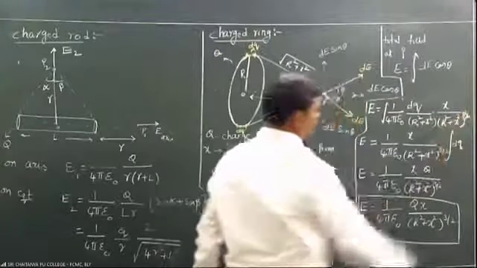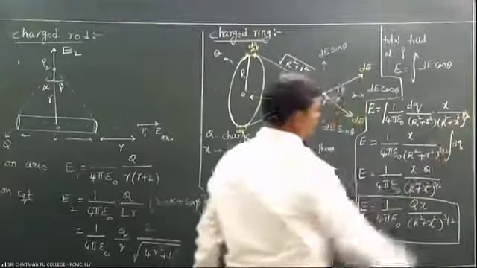Once this x is equal to 0, what happens? 1 by 4 pi epsilon naught q into 0 by r square plus 0 square whole power 3 by 2. Q into 0, 0. So E at the center is 0.